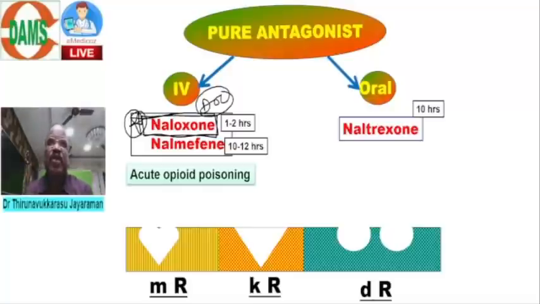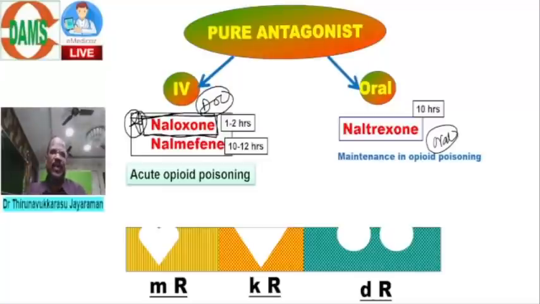But its action is short. So to maintain the therapy, we can go for oral naltrexone. So in the question, acute poisoning is treated by intravenous naloxone, followed by which we can put them on oral naltrexone. Anyway, for treatment of opioid poisoning, the answer is naloxone.